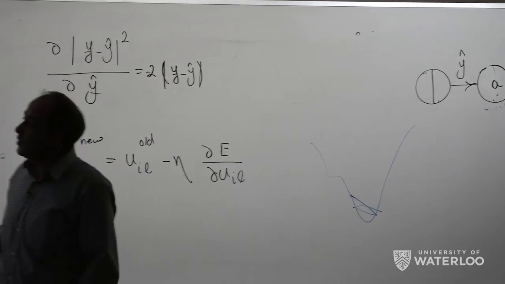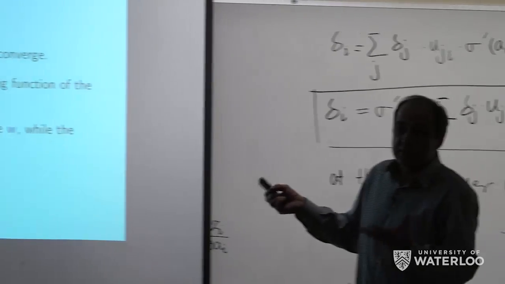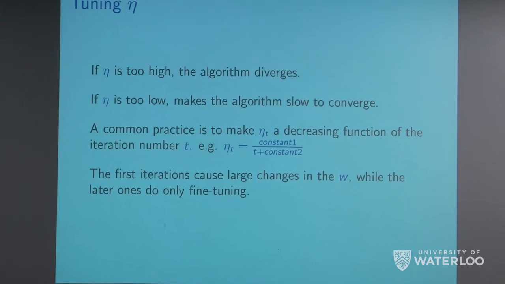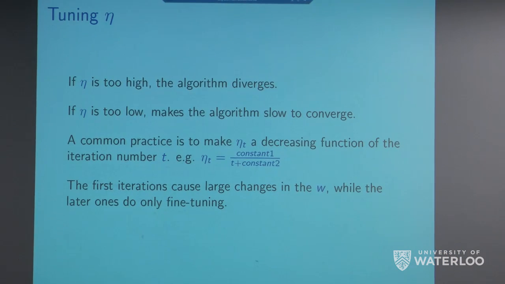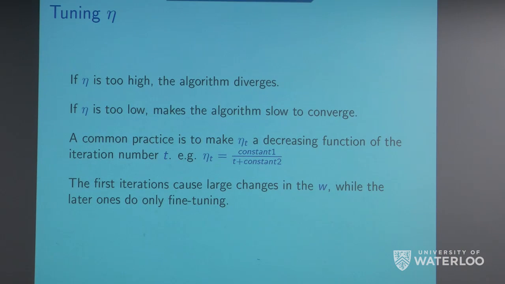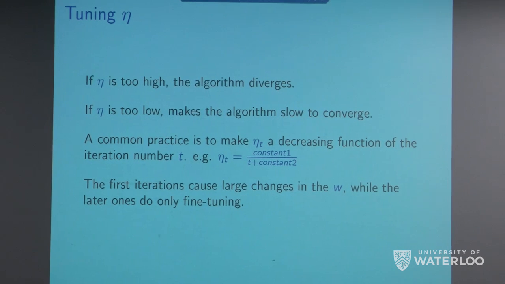So in practice, these are heuristic points, but people usually try this in learning, and it's quite helpful. They try to have a sort of adaptive learning rate, and this is a pretty common way to do this. Define your learning rate as a constant divided by t plus another constant, where t is your iteration.